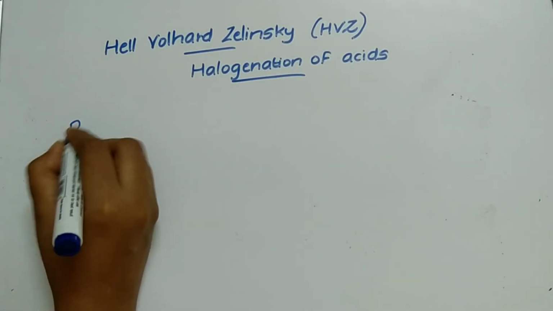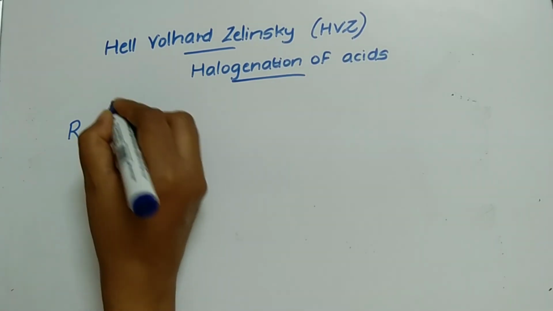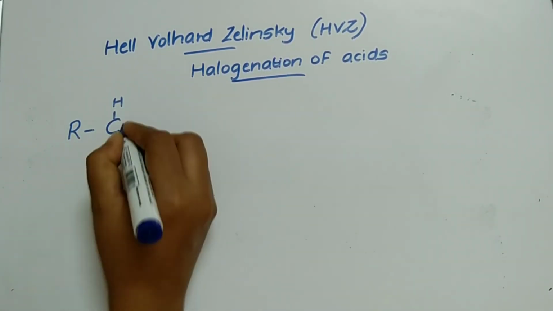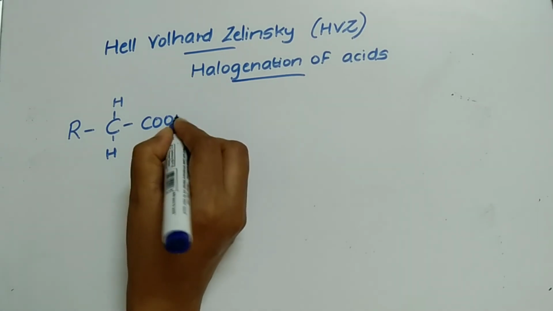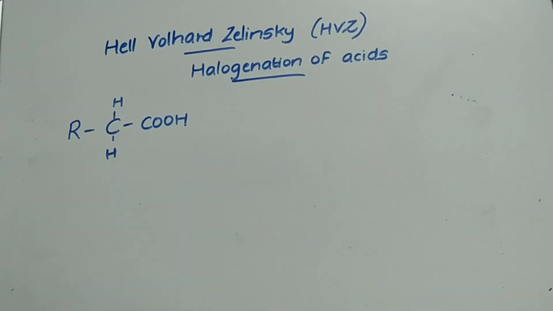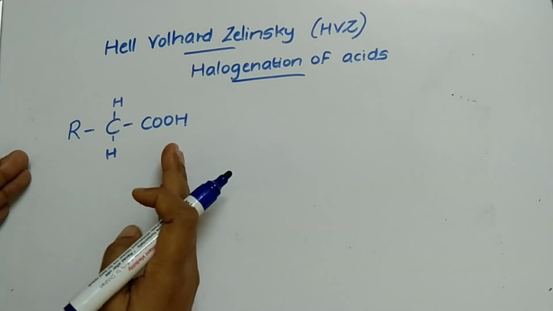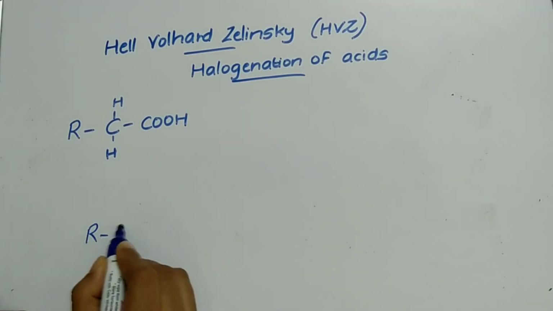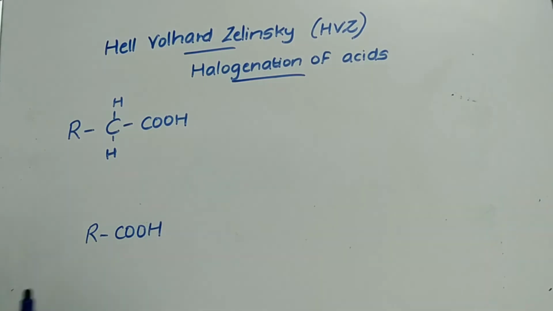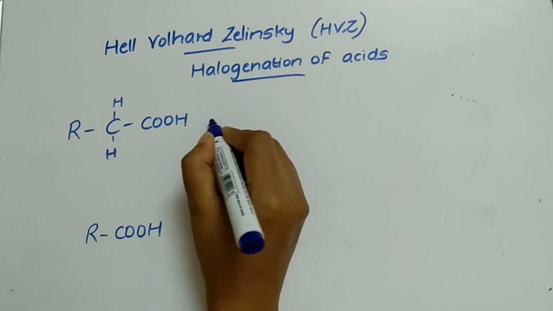We will take an example: RCH2COOH, an acidic compound. You may be wondering why I took it like this, instead of writing RCOOH directly, with one carbon attached in between. I will tell you.